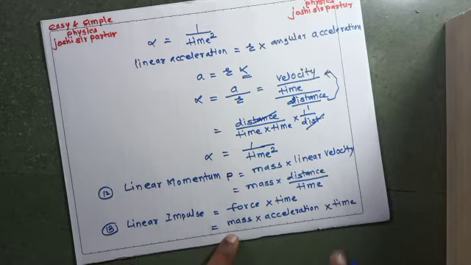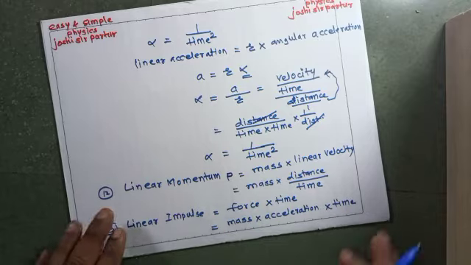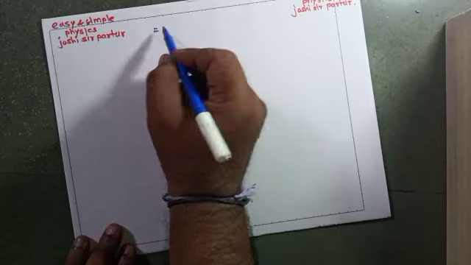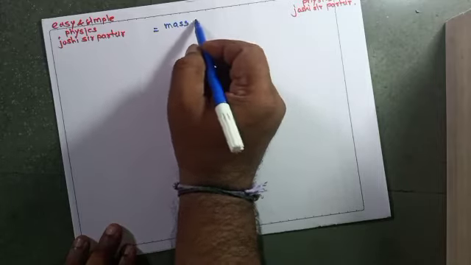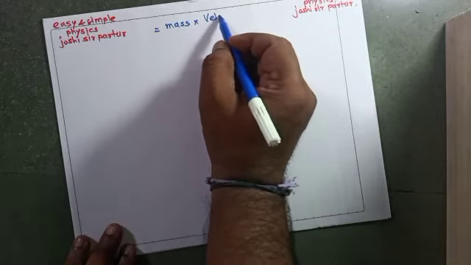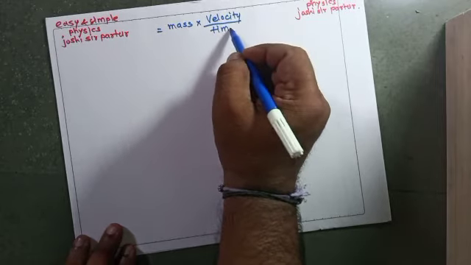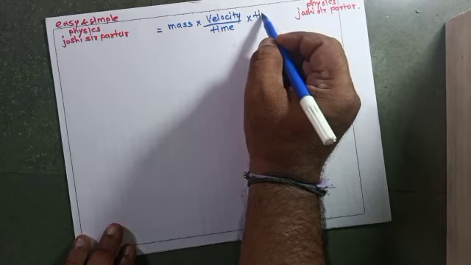For acceleration we write mass multiplied by velocity divided by time, multiplied by time.